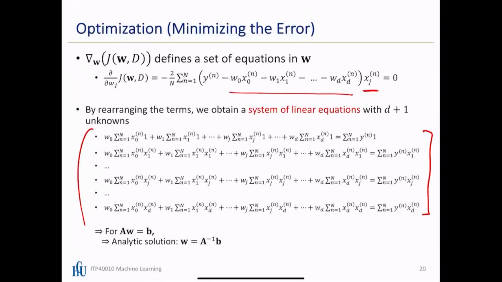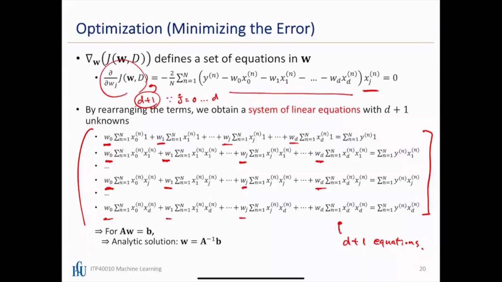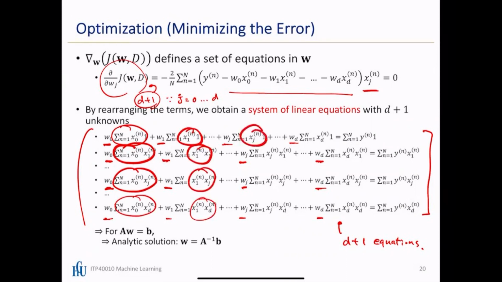And since this is a partial derivative, you have d plus 1 of this. So you have d plus 1 equations. And there are W on each of these terms, and you have something multiplied by the input value.